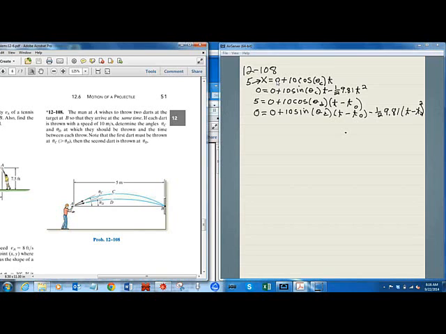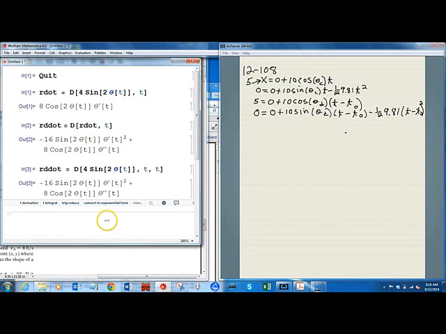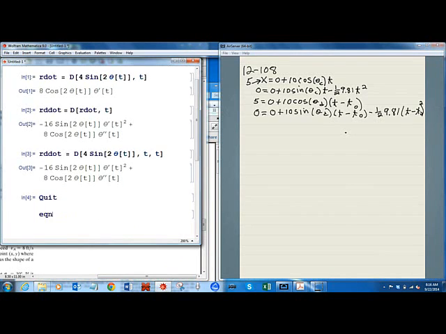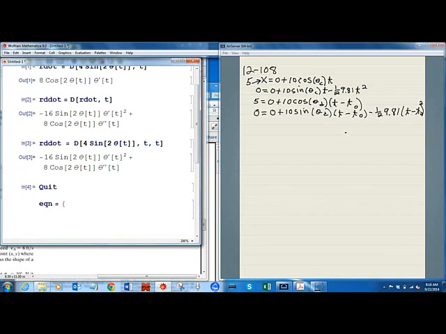Here's what I do in my old age. Go to Mathematica. I say quit, because I want to forget everything I've done so far. And then I'm going to type in equations. Bracket. Okay, it's going to be 5 equals 10 cosine of, I'll just call it THC, theta C, times time.